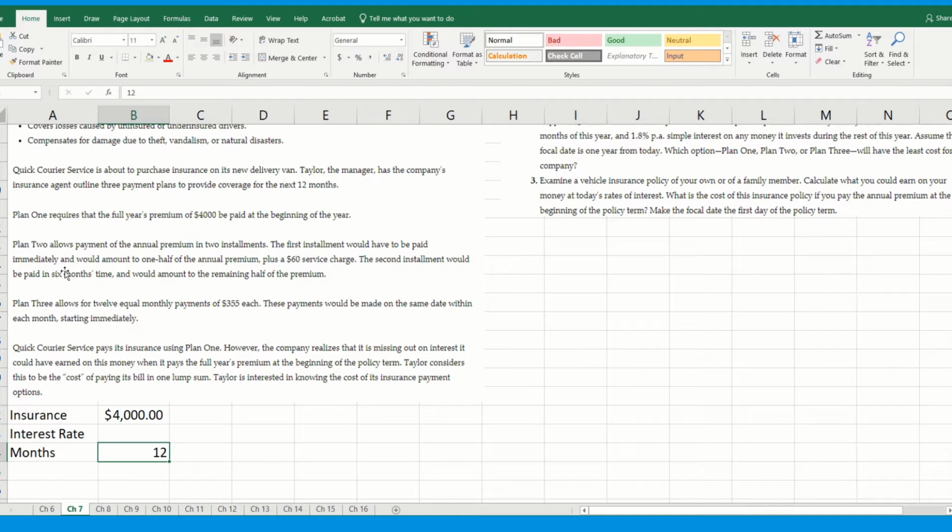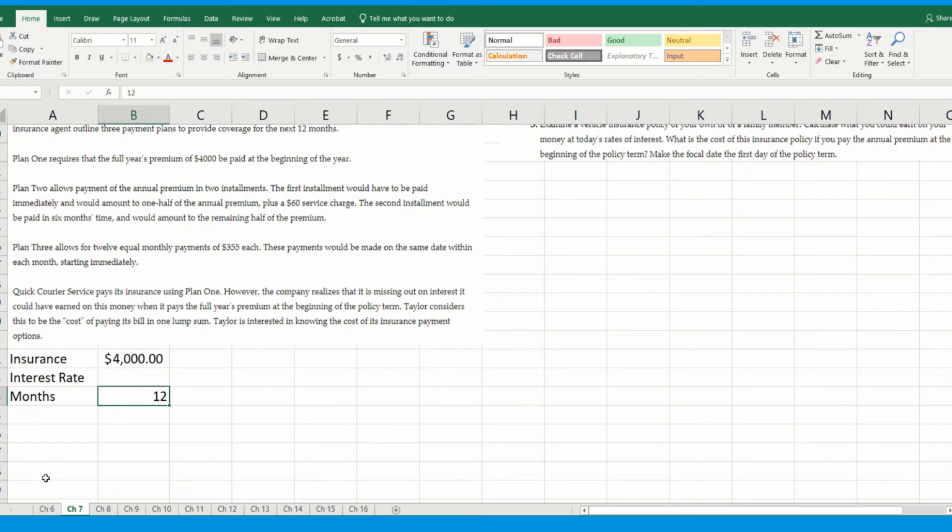So they have 3 different plans. I've looked through it and decided the way I want to set it up: I'm going to work with plan 1 individually and plan 2 individually, and then I'll do the questions as they go, because the questions relate to the future value of all 3 plans.